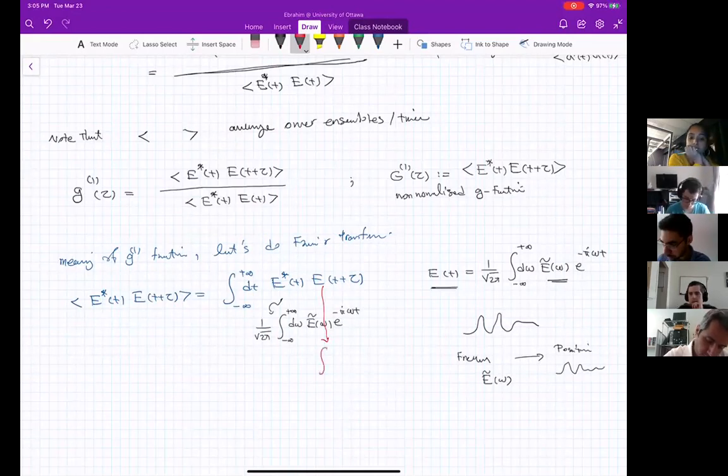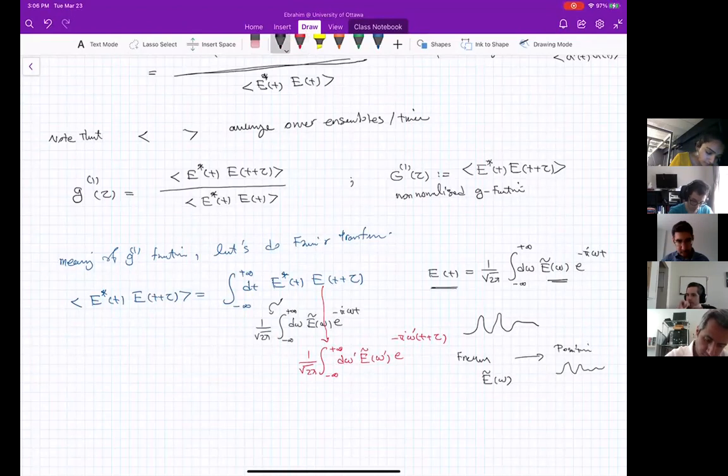So it should be the integral from minus infinity to plus infinity, 1 divided by square root of 2 pi, of course, d omega prime. Then I have E tilde of omega prime, which is essentially the same function because it's the same field. The only difference is that now it is omega prime. And then you have e power of minus i omega prime (t plus tau), of course.